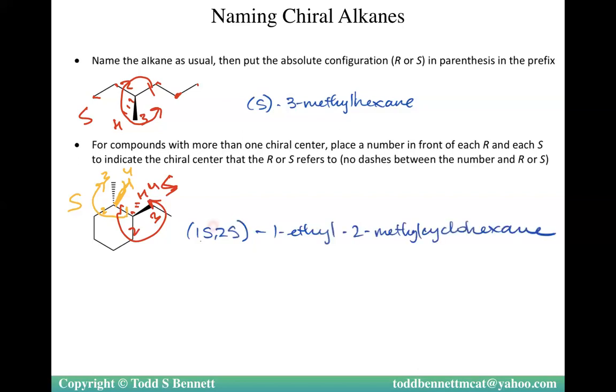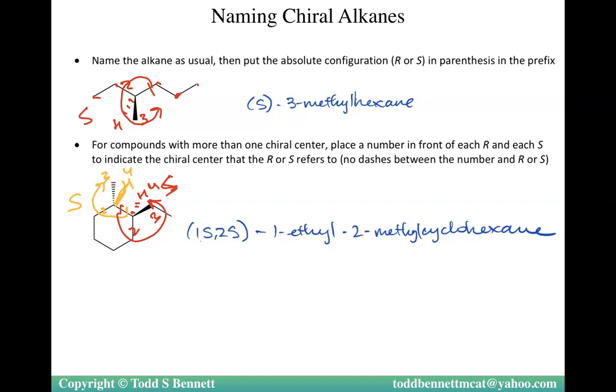And I have to emphasize both of them. So it gets a little more complex. If it's just one, like one chiral center, one substituted carbon, it's just simple. But here I had to go 1S, comma 2S. And then 1-ethyl, that's an ethyl group, dash 2-methyl, cyclo, 6 carbon, so hexane.